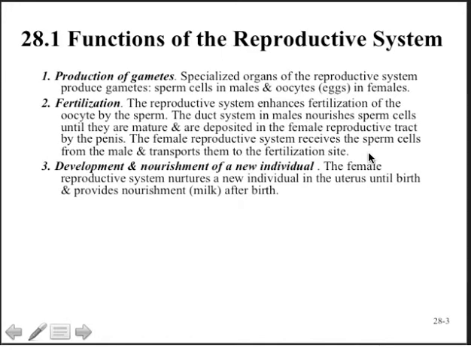What else does it accomplish? Well, it allows the development and nourishment of a new individual. The female reproductive system houses the developing embryo and fetus for the 9 months of gestation. Also, during that period of time, the mammary glands begin production of milk in preparation for the delivery of the baby.